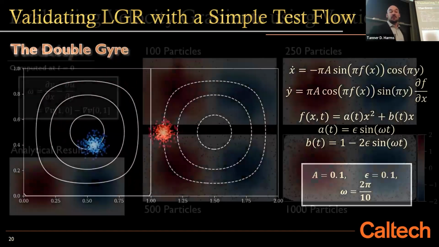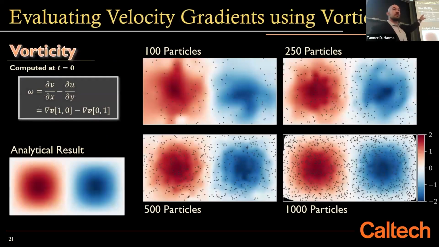But the first thing we really want to compute is some kind of measure of the velocity gradient. To do that, we're going to look at the vorticity, which I've defined this way here. We're calculating it from the velocity gradient, which we've already computed using Lagrangian gradient regression. Down here in the bottom left is our analytical result defined directly from the equations.